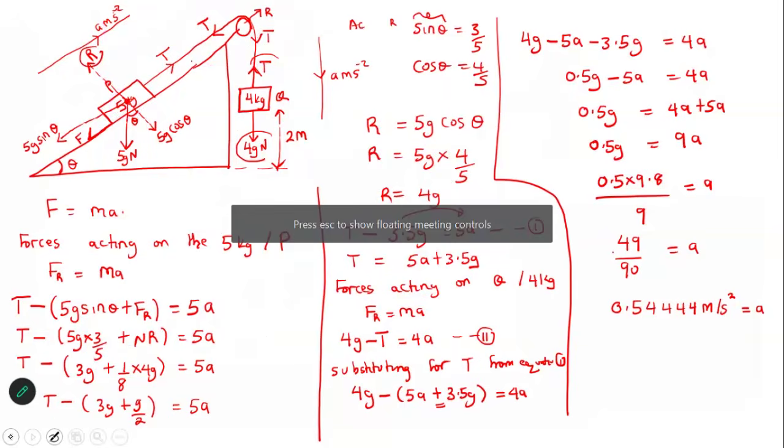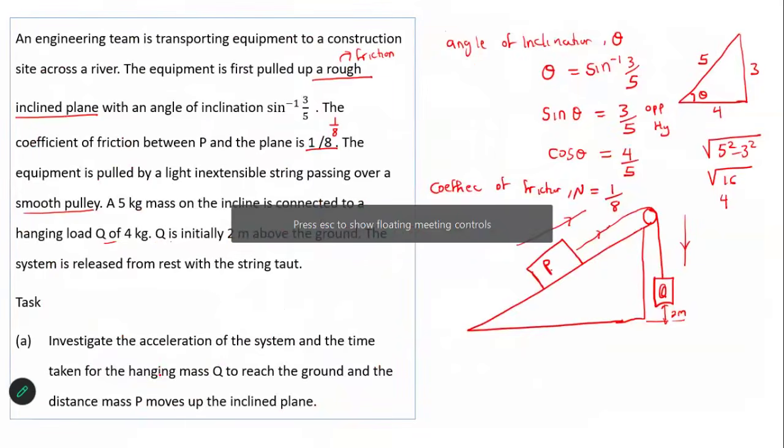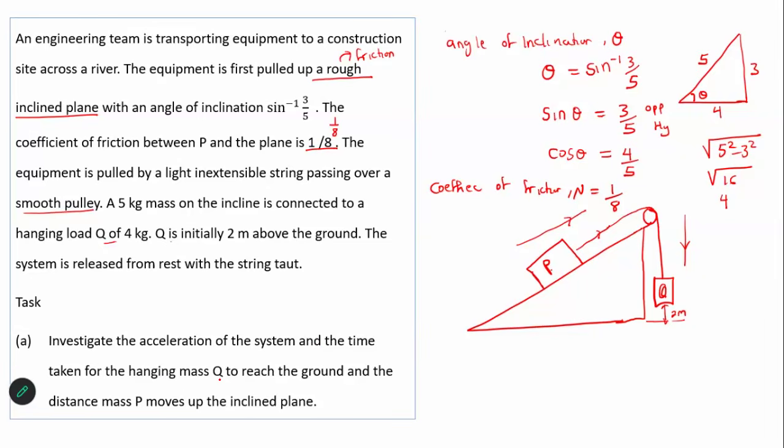Now the next thing they asked, they wanted us to find the time taken for the hanging mass Q to reach the ground. They told us that Q is initially, before it starts moving, 2 meters above the ground. The system is released from rest. If something is released from rest, it means what?